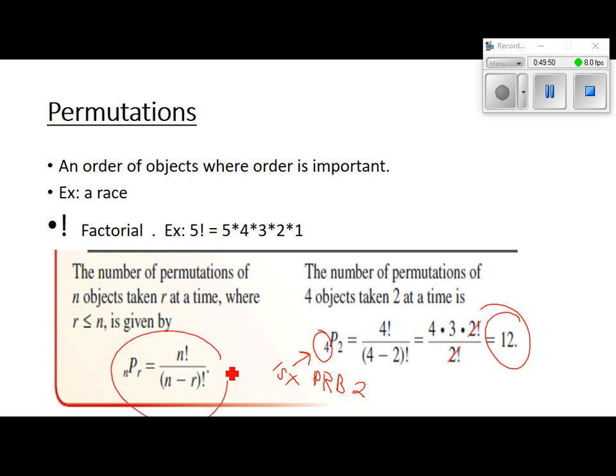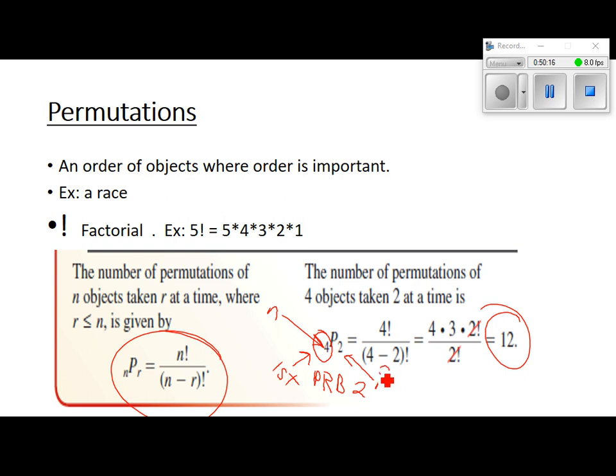This is the actual formula. So it's n factorial over n minus r factorial. This formula is not all that difficult. The first number that's in front of the P, that's your n. The number that's behind it, that's your r. And you just type it in, and you end up with 4 factorial over 4 minus 2 factorial.